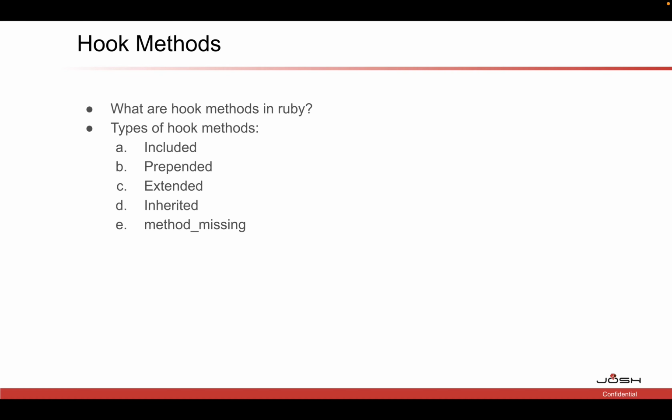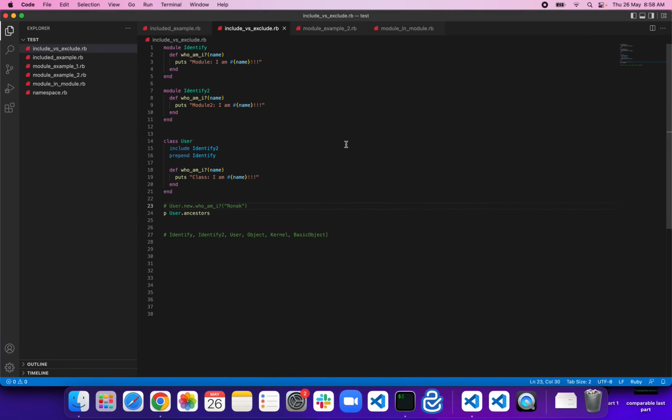Basically those are nothing but methods only, and the programmer needs to define these methods in order to tell Ruby what reaction you need to perform. Okay, we'll go ahead and see one example on this.